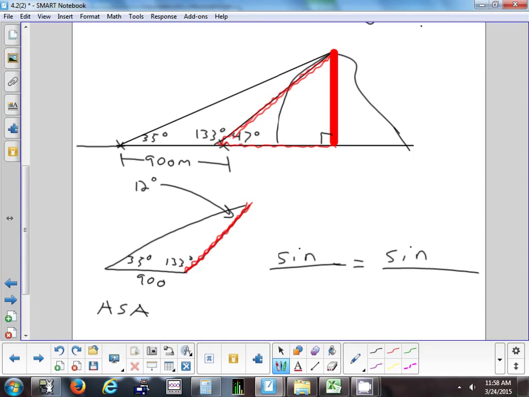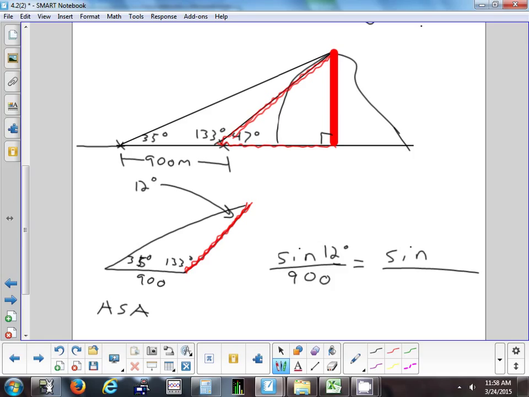Now I can set up my law of sines. It's going to be the sine of 12 divided by what side is across from the 12? You typed in the wrong number. No, it's just 35 on top. It just looks like 33 on the bottom. It's a 35. Sorry, so what side is across from the 12? 900. The 900. Now, which angle am I going to use to find this side in red?